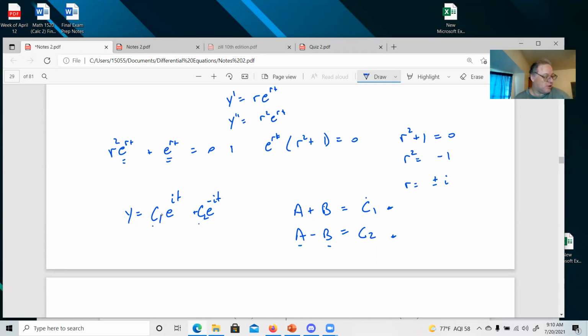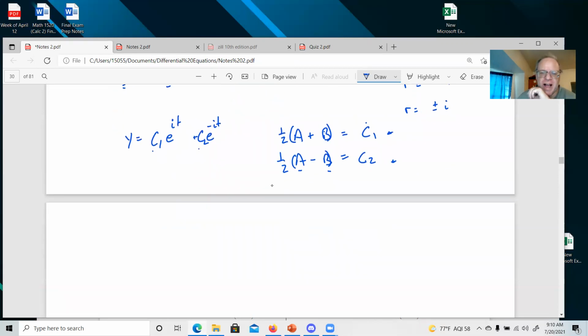Okay. Actually, I was going to be a little bit more clever about it and say that this was going to be 1/2 and 1/2. So why are you doing the 1/2? Well, back when we first did Laplace Transform, and we had to do the Laplace Transform of sine of t, I pulled this out on you and I said, remember that sinh of t was equal to e to the t minus e to the negative t all over 2.